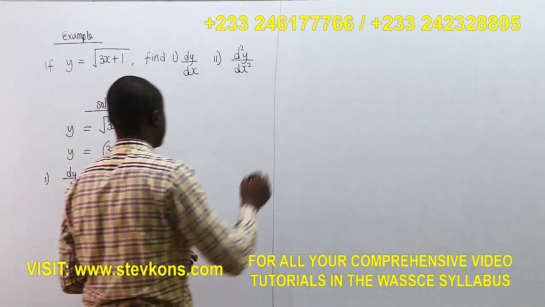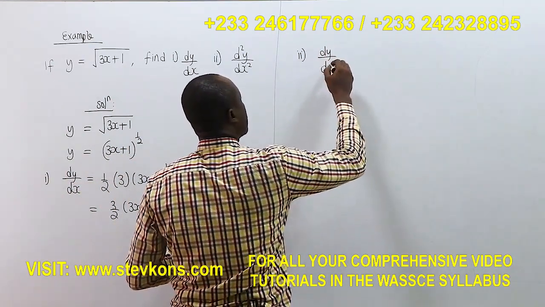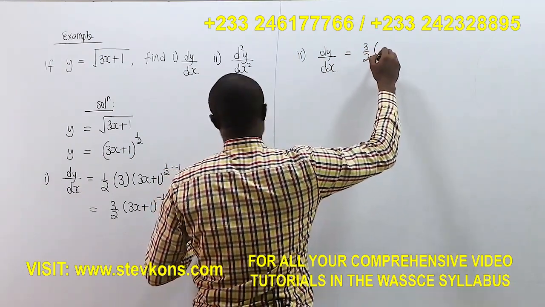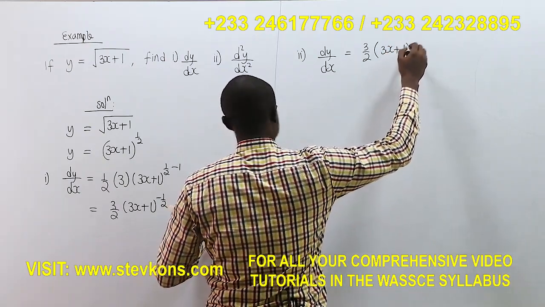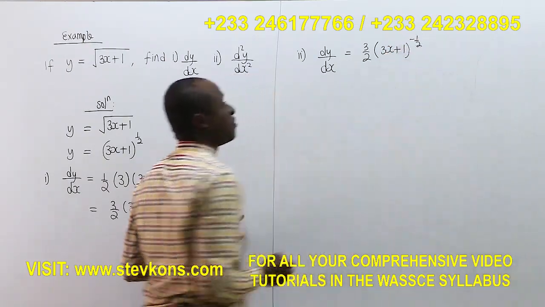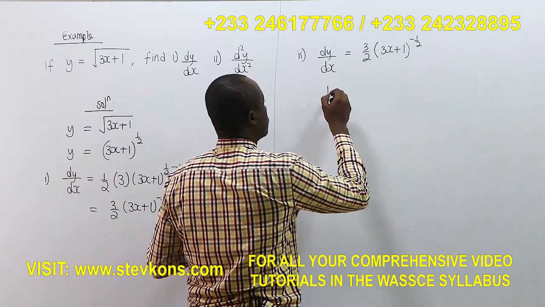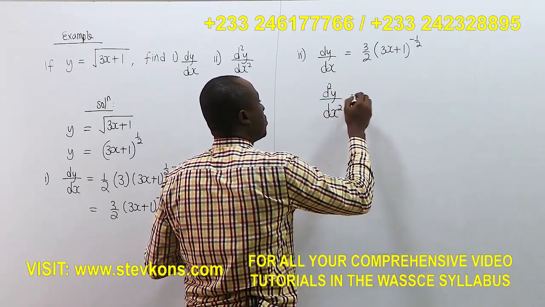We need to find the second differential. So we have dy dx equal to 3 over 2, 3x plus 1 to the power negative half. We need to find our second differential, d squared y over dx squared.